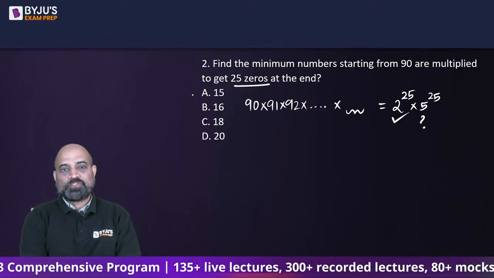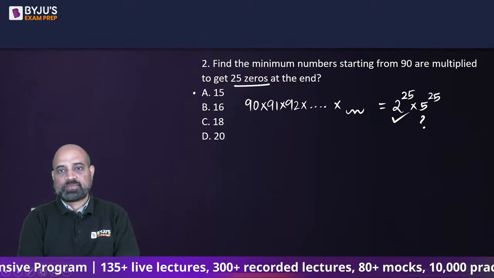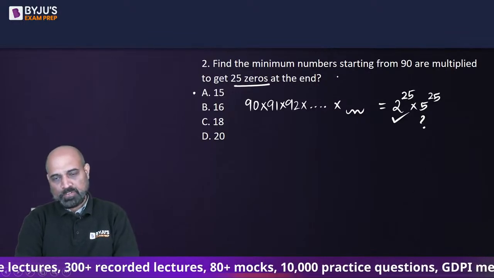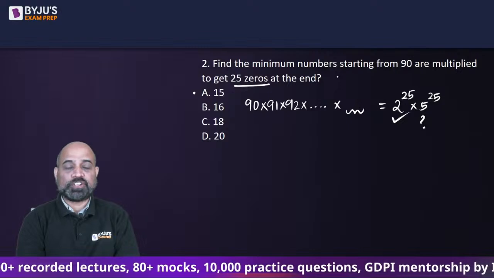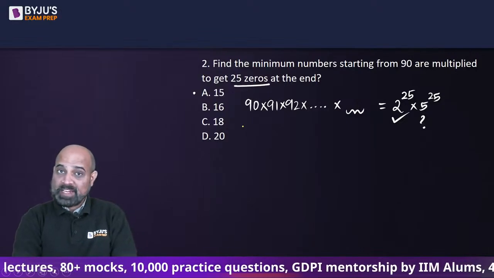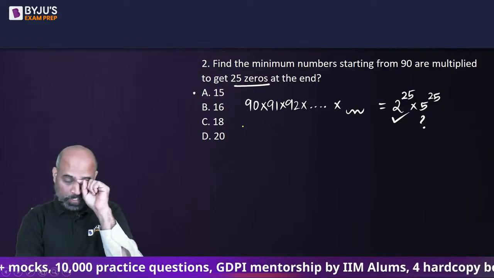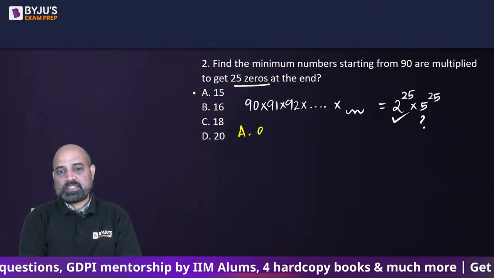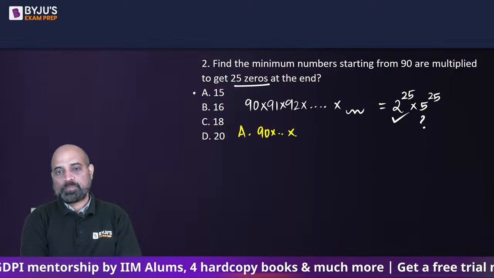Since the question is asking about the minimum numbers, let's start with the minimum number from the options. So if I start from 90 and count a total of 15 numbers, we will end up at 104. So the first option says 90 and so on up to 104.